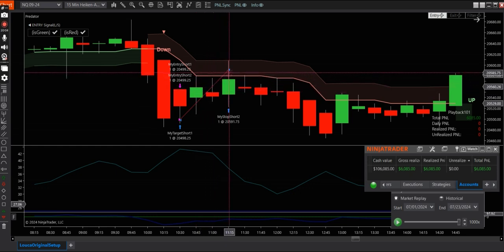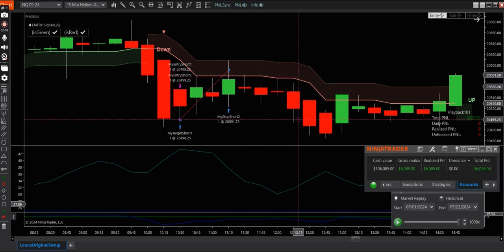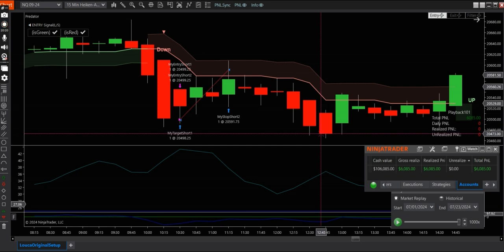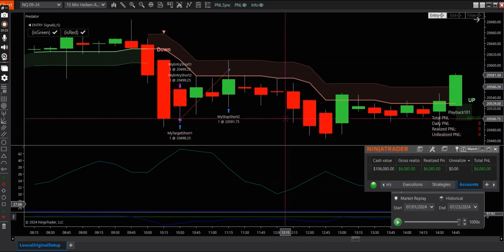It stopped me out here. I guess that's where my ATR was, right? So if my ATR was set higher, maybe at 3.5, then I would not have been stopped out. And I probably would have gotten a target filled right here.